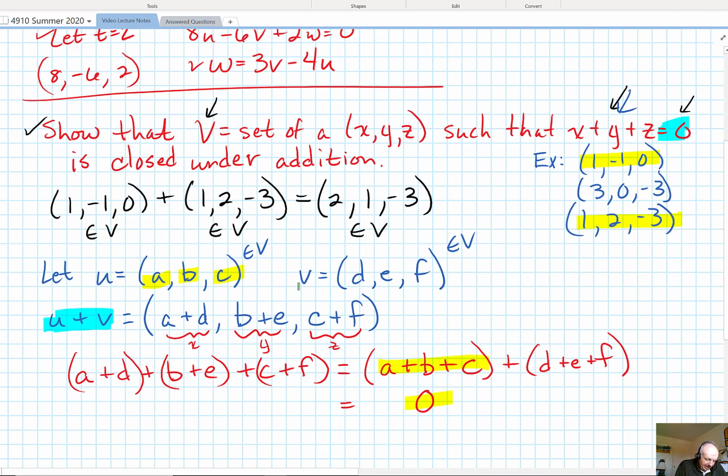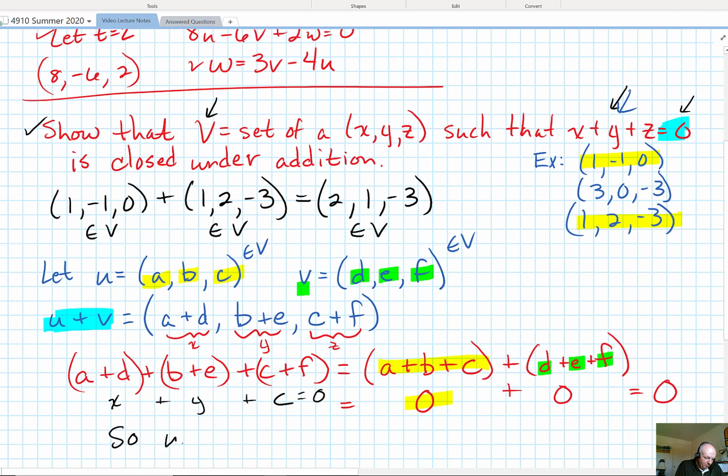Likewise, v, which is (d, e, f), is in there, so that means the x coordinate plus the y coordinate plus the z coordinate has to equal 0. Oh, look at that. That also equals 0. So 0 plus 0 is 0. So the x coordinate plus the y coordinate plus the z coordinate equals 0.